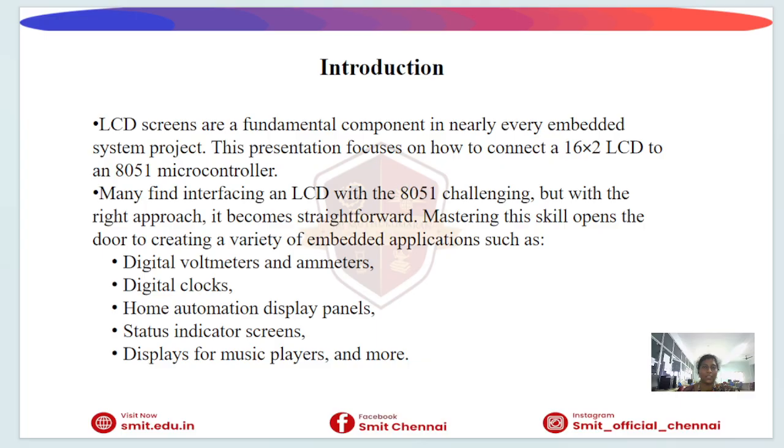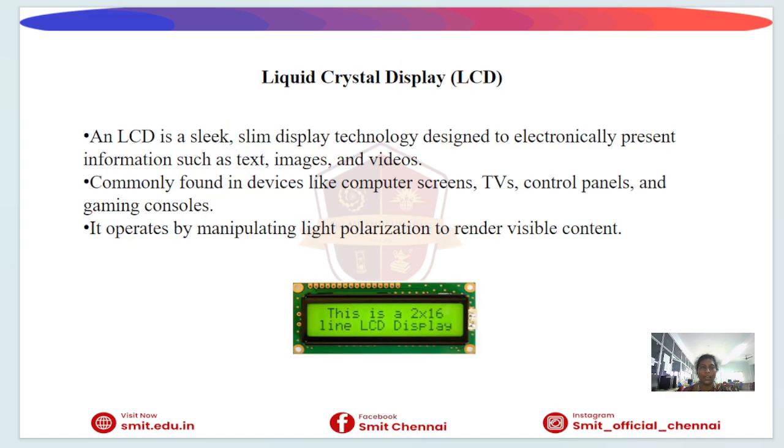A 16 by 2 LCD means it has 16 characters in each row, in two rows, so a total of 32 characters can be displayed at one time. Many students initially think LCD interfacing is difficult, but once the control pins and commands are understood, it becomes very simple.